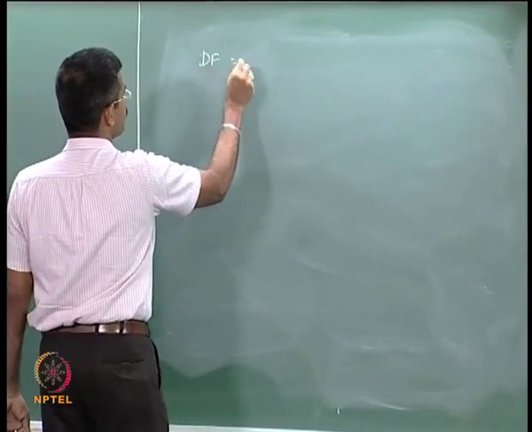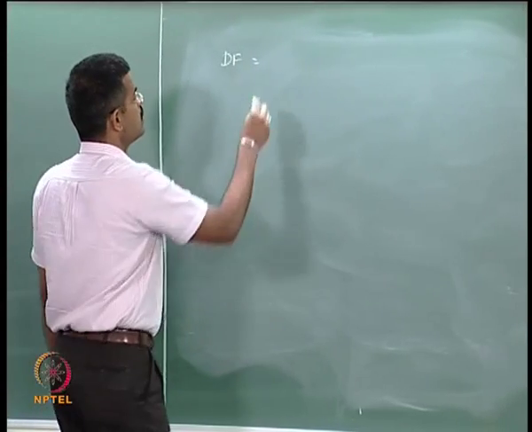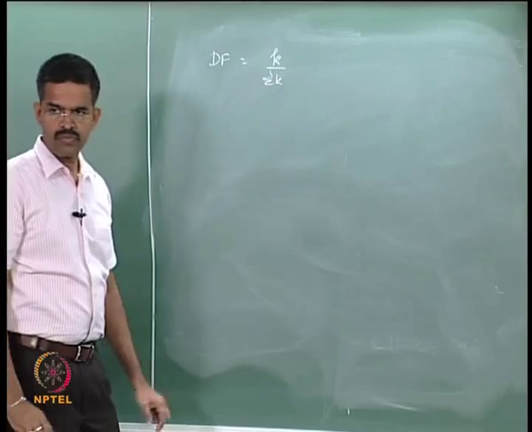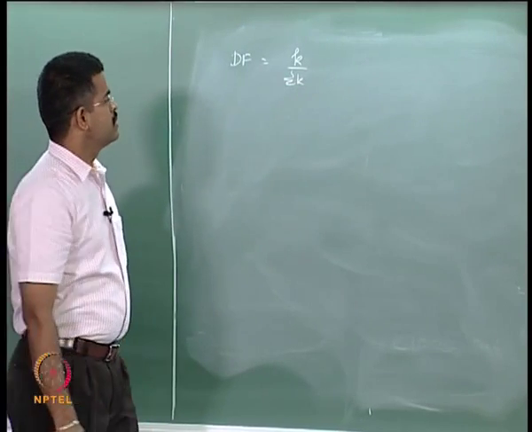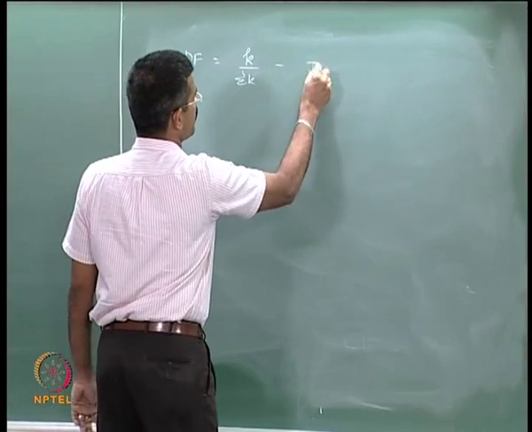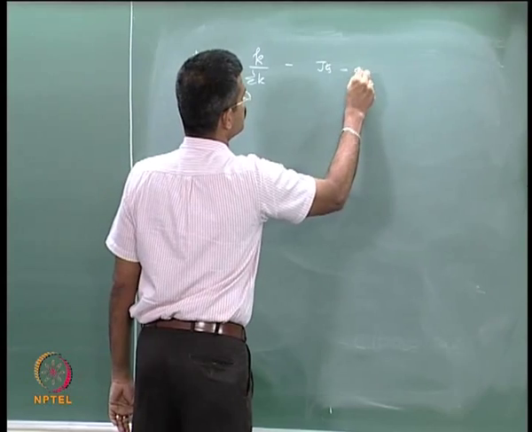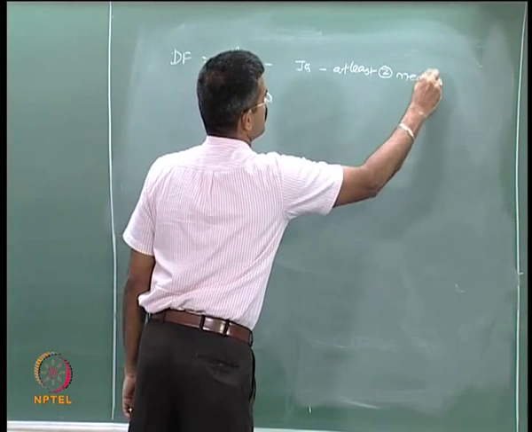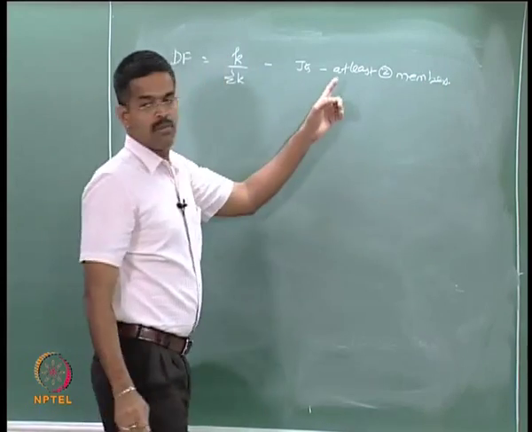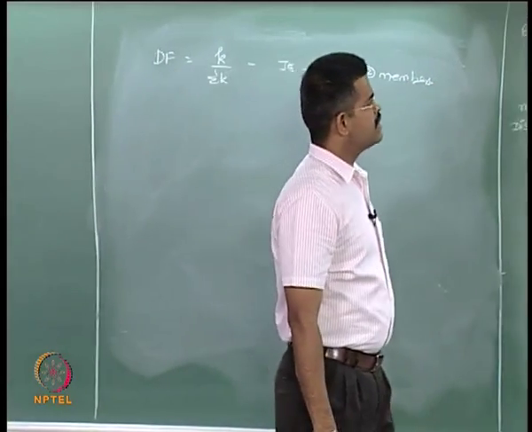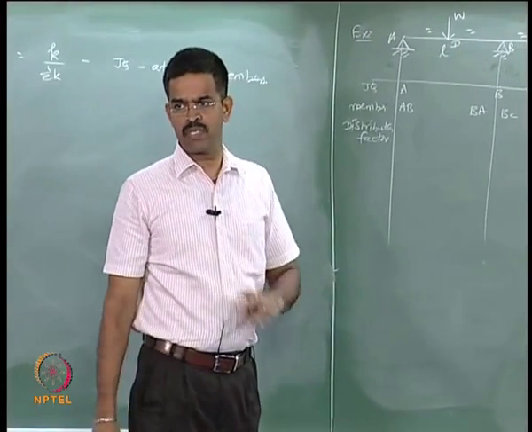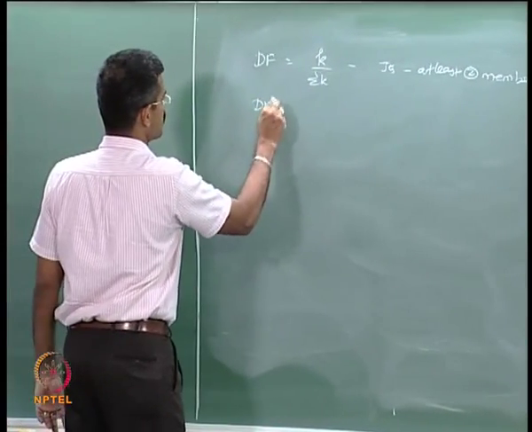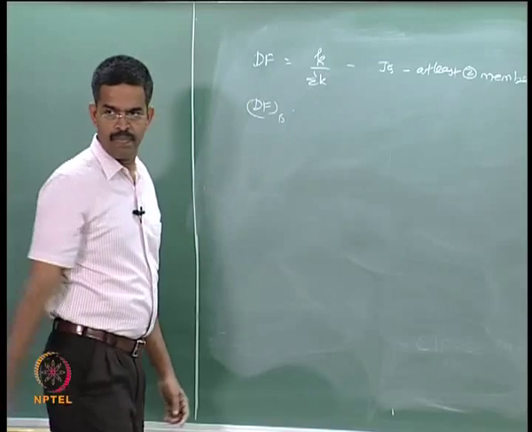Distribution factor is given by k by sigma k. This is generally done for joints which have at least 2 members. So, in this beam, which is the joint which has at least 2 members connected? B. So, I should find the distribution factor for the joint B.